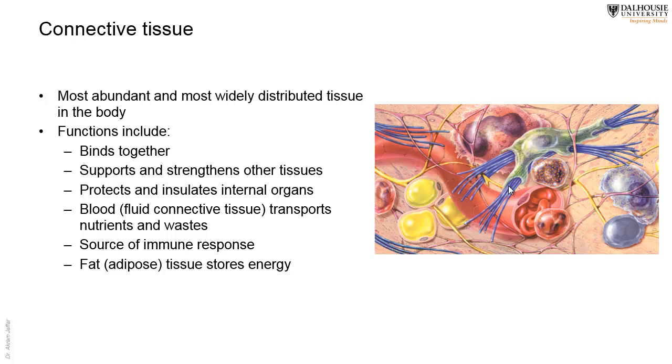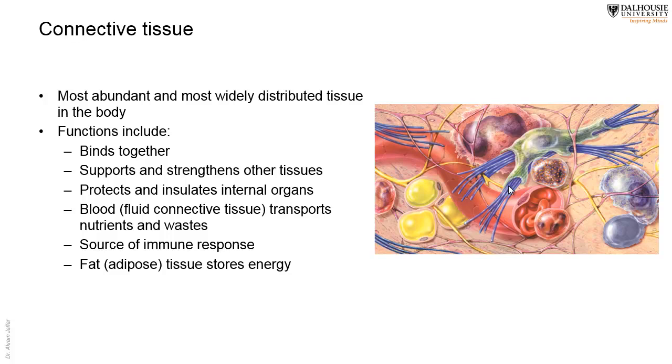Or it is in the form of blood. Blood is a kind of fluid connective tissue, and it transports nutrients and waste products. Or it is a source of immune response, like in the lymph. And finally, the adipose tissue, which is a kind of connective tissue, stores the energy.